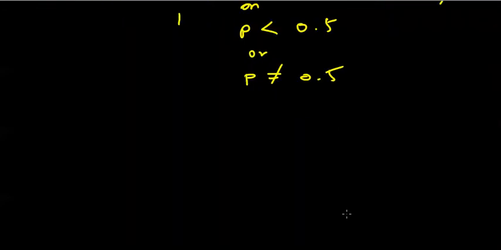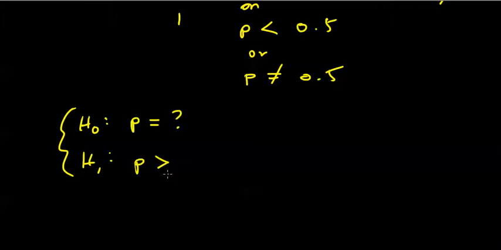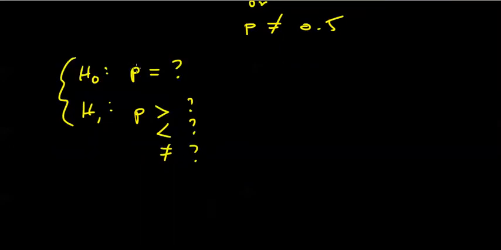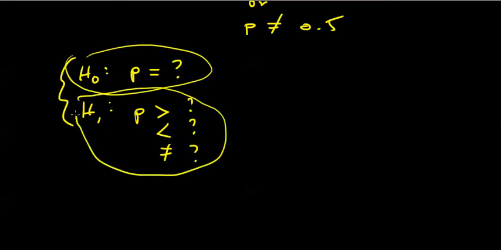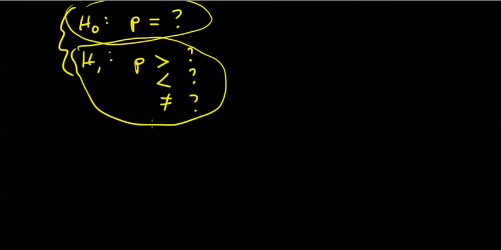So we've always got a null hypothesis and an alternative hypothesis, and usually at the beginning of a hypothesis test they're listed together. H0 would look something like this, and listed right under it would be H1, which would be one of these three statements: P is greater than something, P is less than something, P is not equal to something. That's the basic structure of how hypothesis tests are denoted.